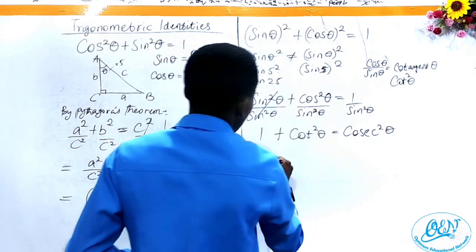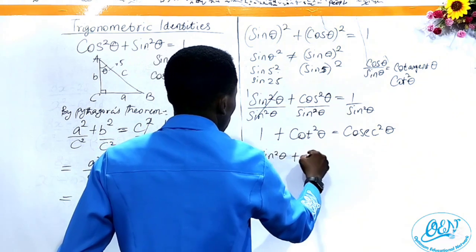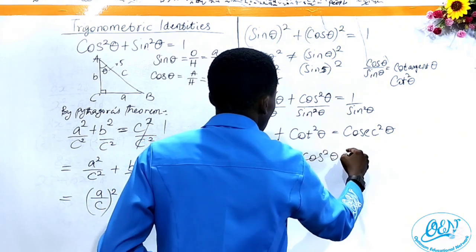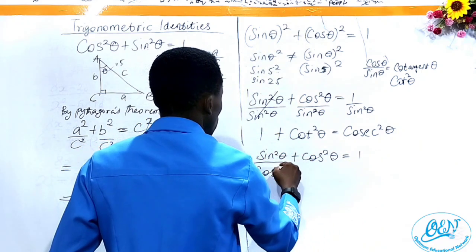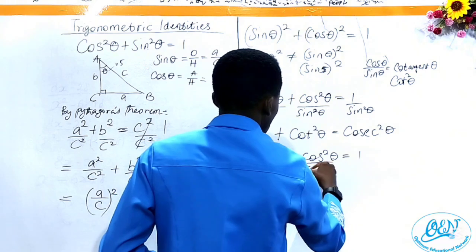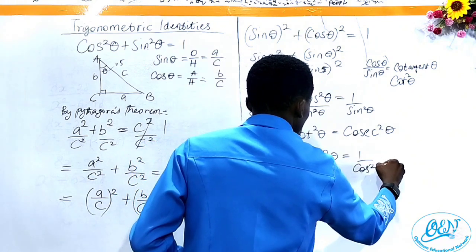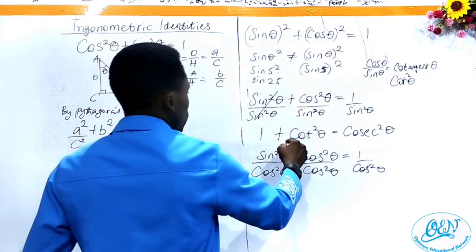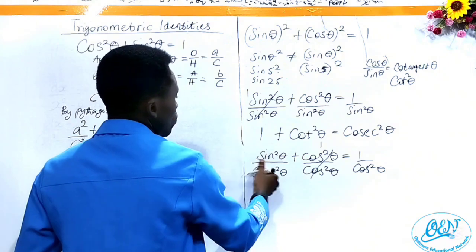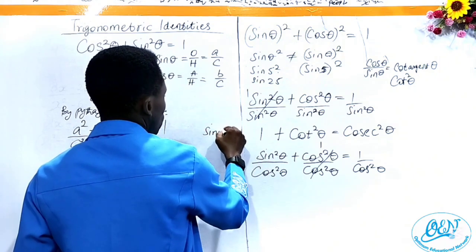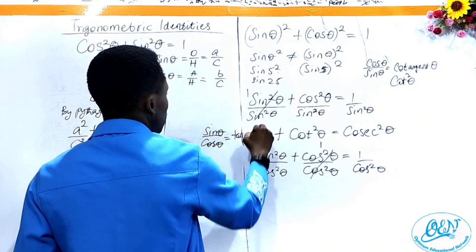Now if we do the same thing again, we have sine squared theta plus cos squared theta is equal to 1. If we divide everything by cos squared theta, this will give us 1. Sin theta over cos theta is tan theta.